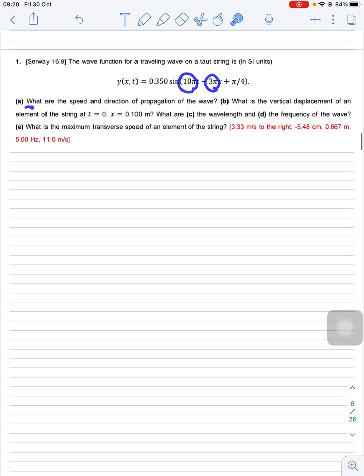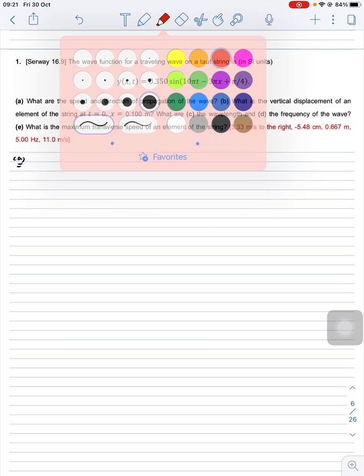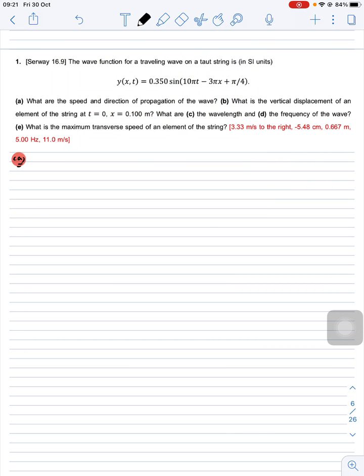Okay, so now for part A, what are the speed and direction of the propagation of the wave? Okay, so let's talk about the direction of the propagation first.